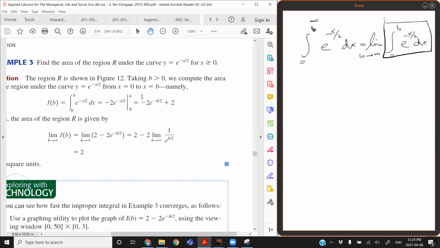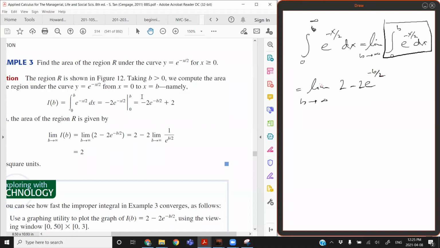This here is a simple definite integral which can be done by a substitution. And if I do so, I'm going to get the limit as b approaches infinity of 2 minus 2e to the power of negative b over 2.